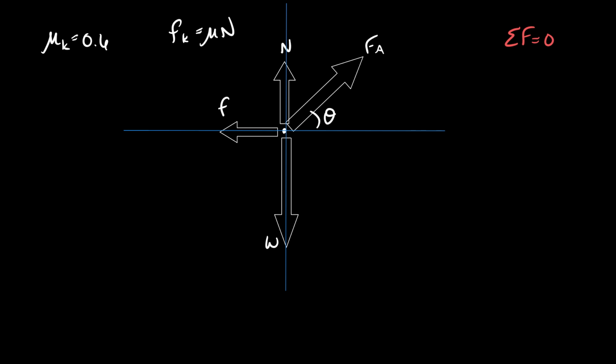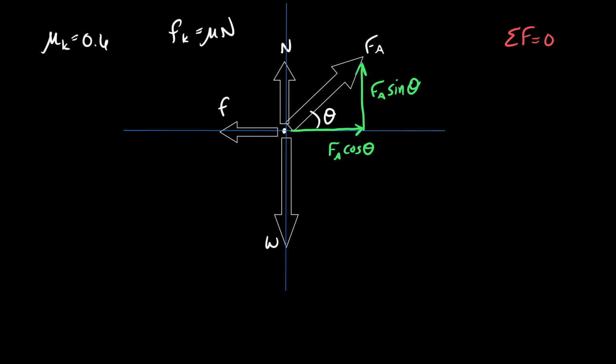I do have to break up the applied force into components, and there'll be applied force in the x direction, that's going to be cosine of theta, and the applied force in the vertical direction, and that will be the sine of theta. Any questions about this? We've done problems like this already. We doing okay?